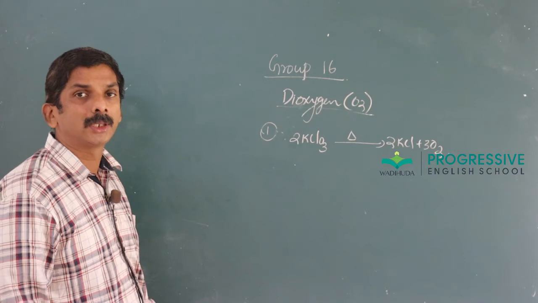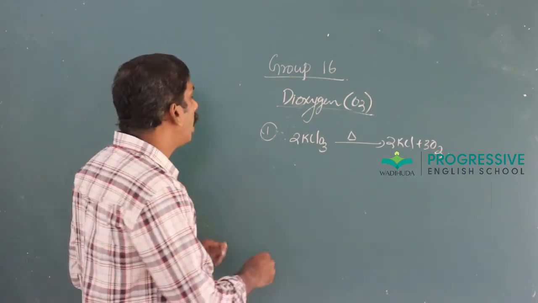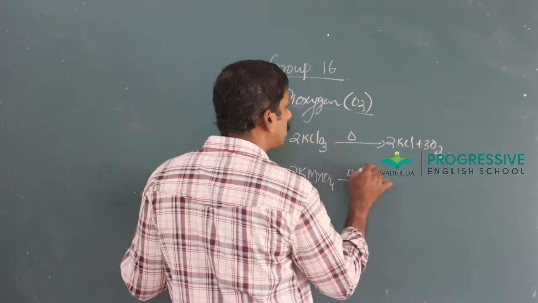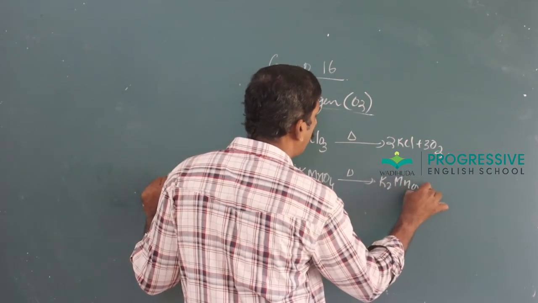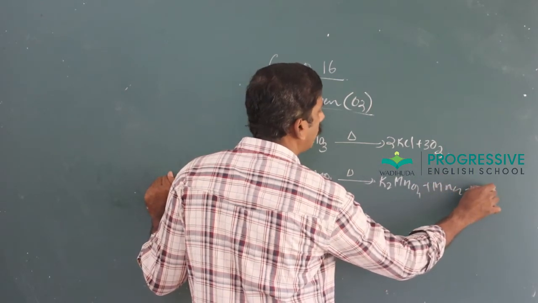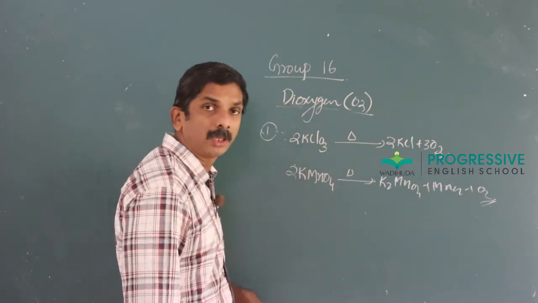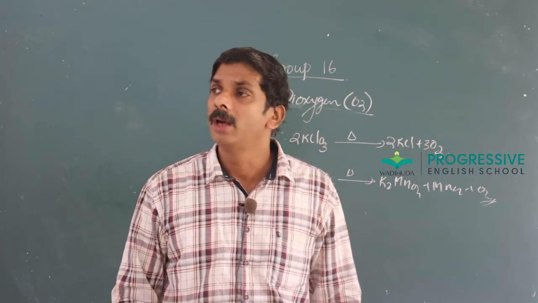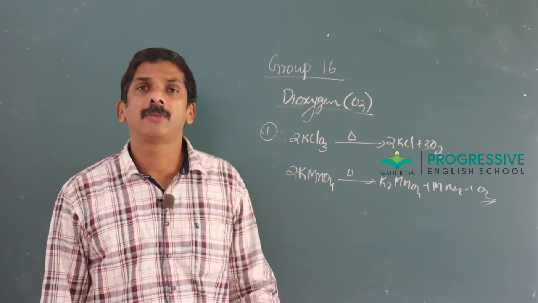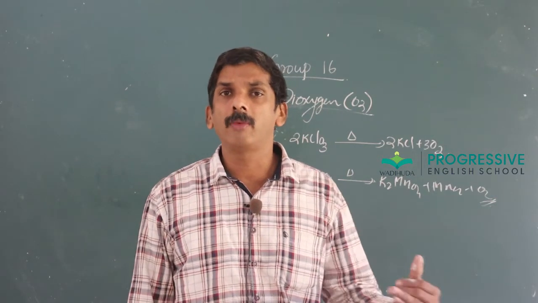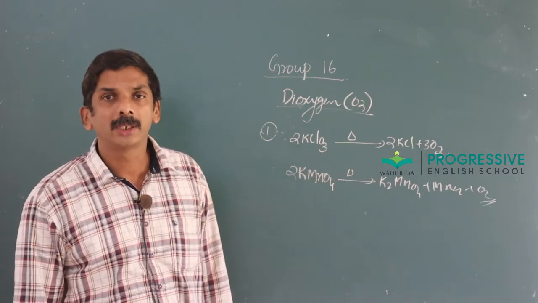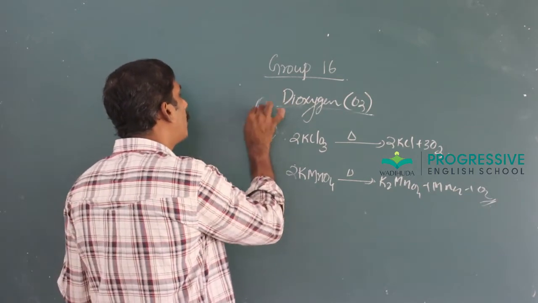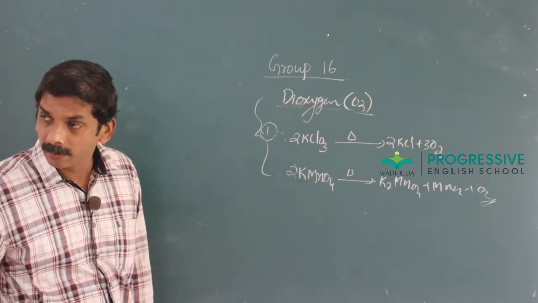Similarly, 2KMnO4 decomposes to give K2MnO4 plus MnO2 plus O2. Oxygen is released. Then, electrolysis of acidified or alkaline water: pure water is a bad conductor of electricity, therefore acidified or alkaline water is subjected to electrolysis, and oxygen gas is liberated at the anode. These are the preparations of oxygen.